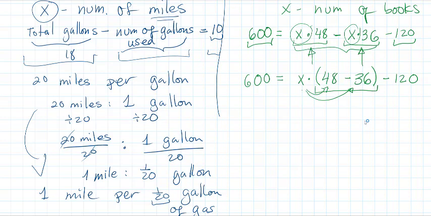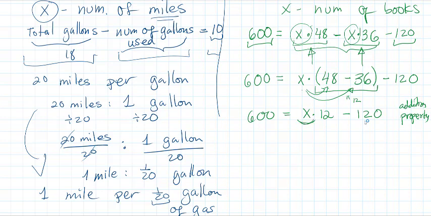Okay, so let's simplify a little bit more. We have 600 equals x times, and 48 minus 36 is 12. So let's just write 12 minus 120. Our next step will be to use the addition property, and we will add 120 to both sides because our goal is to isolate x.